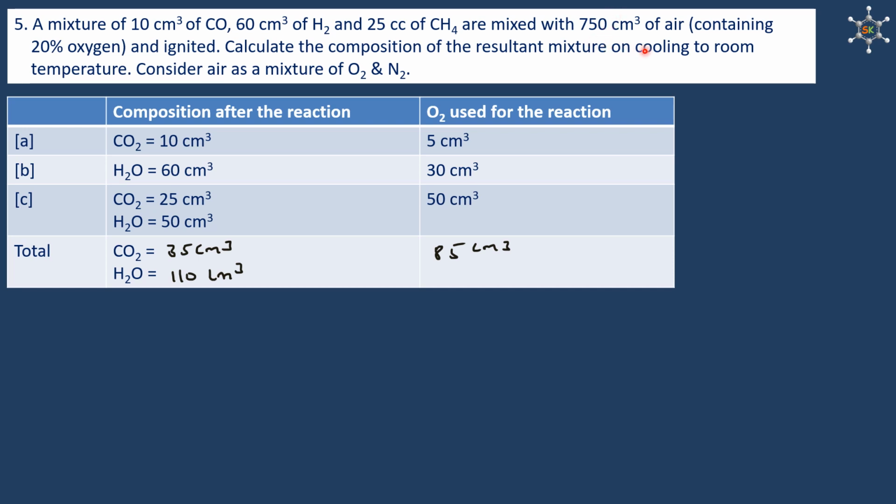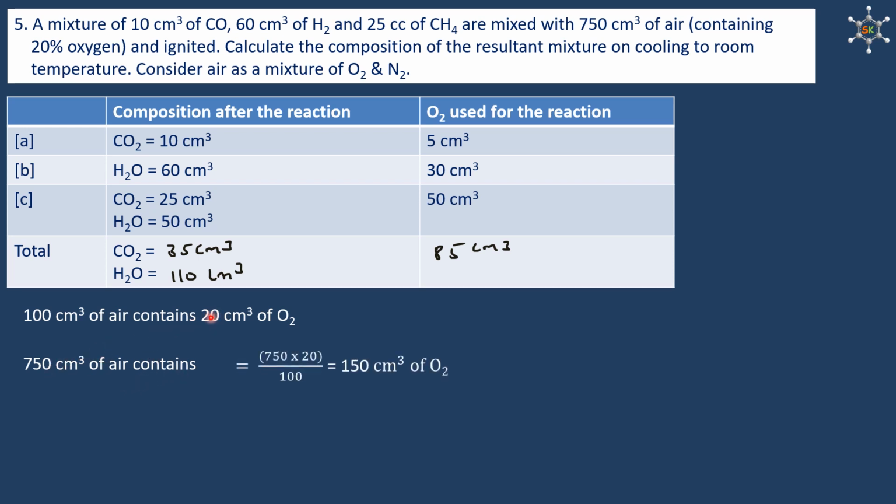We have taken 750 cm³ of air, which is 20% oxygen. 100 cm³ of air contains 20 cm³ of oxygen, so 750 cm³ of air contains 750 multiplied by 20 divided by 100, that is 150 cm³ of oxygen.